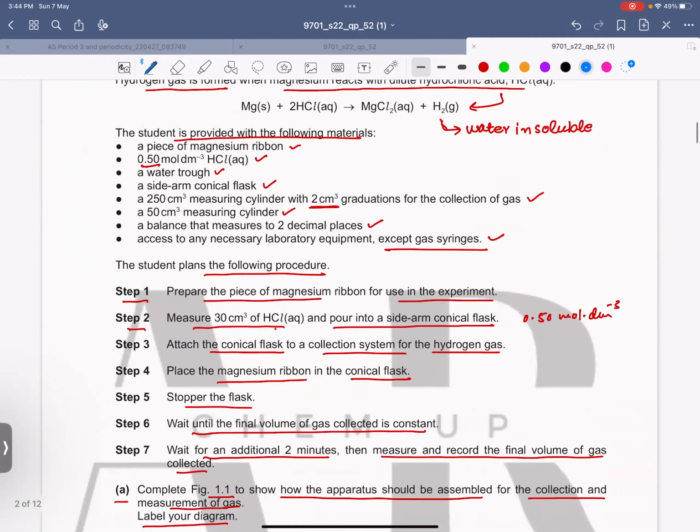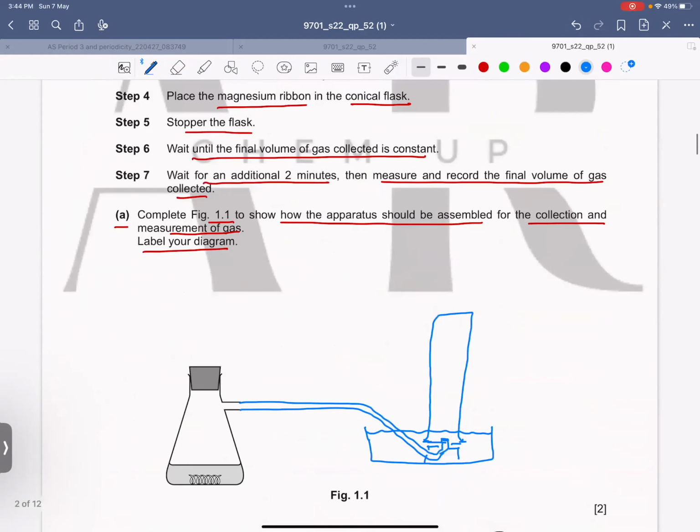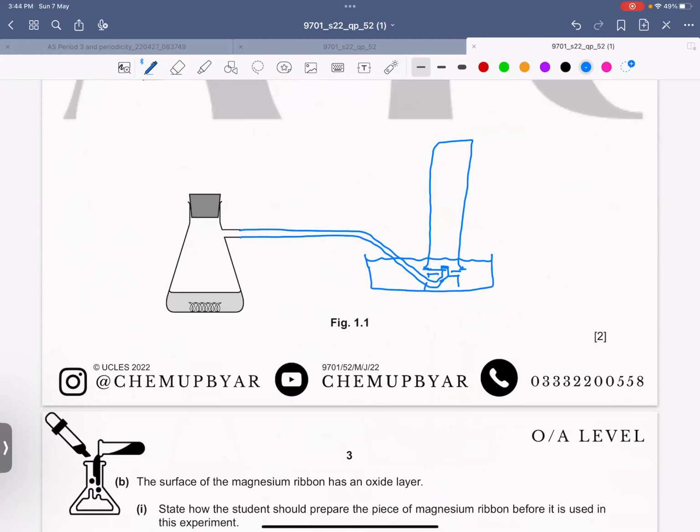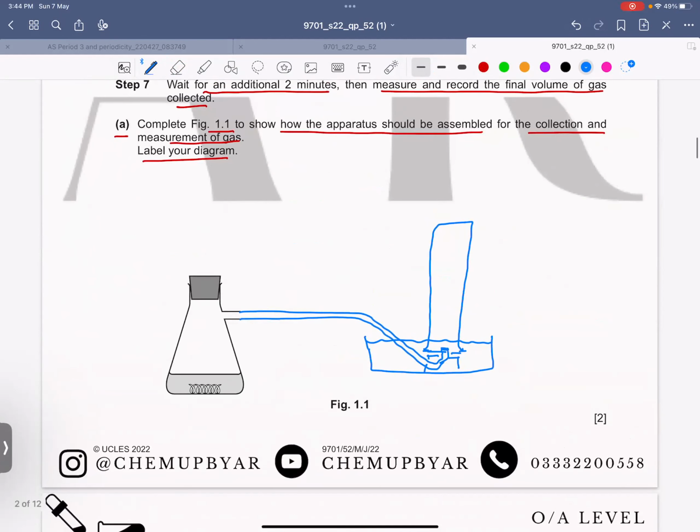It is a measuring cylinder of 2 centimeter cube graduation. So we would put this cylinder over here. Is this clear to everyone? Yes, sir. Okay. And do show some water over here and show the bubbles that hydrogen is basically displacing the water from the top.